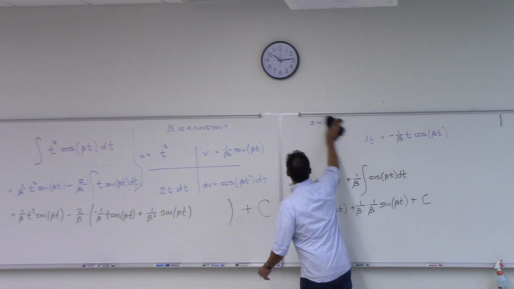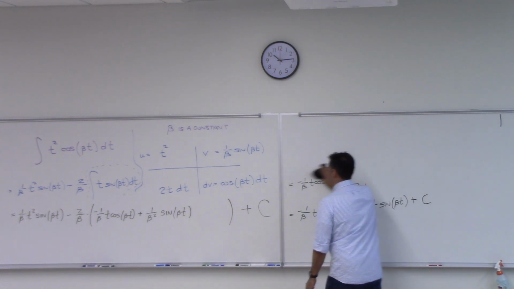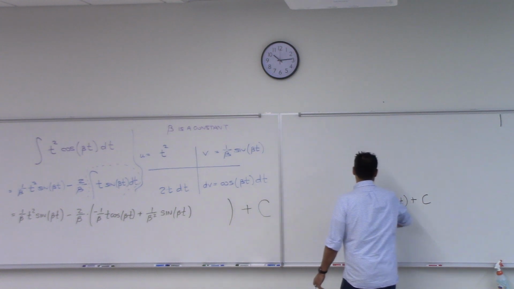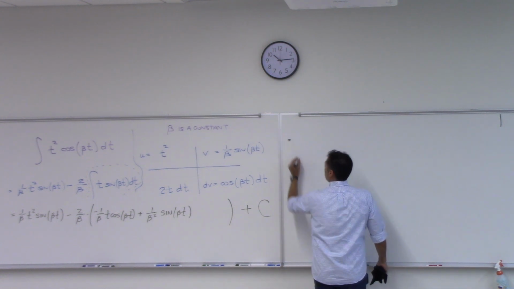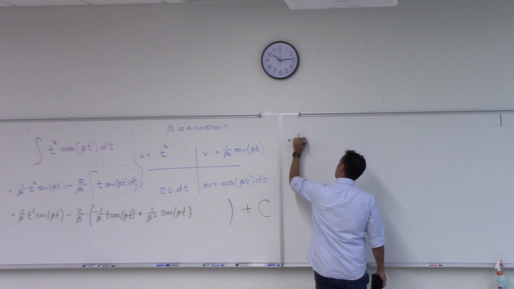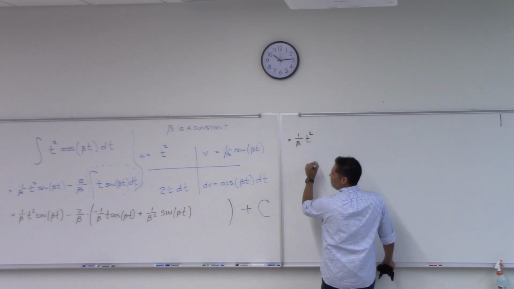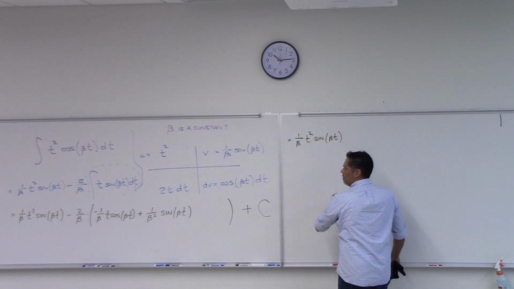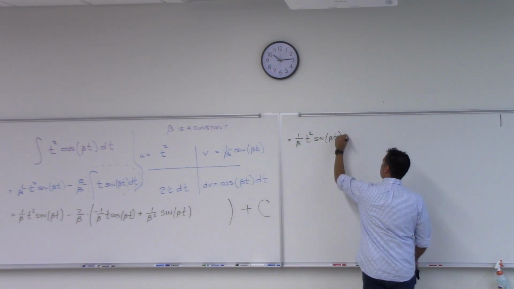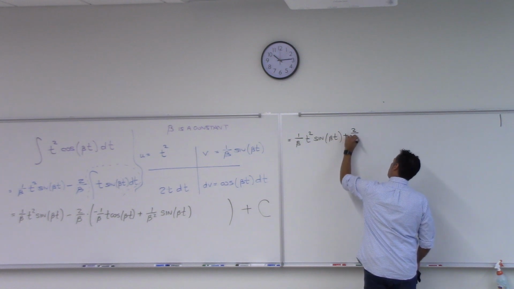I'll put it here. My final answer is 1 over beta t squared sine beta t, plus 2 over beta squared.